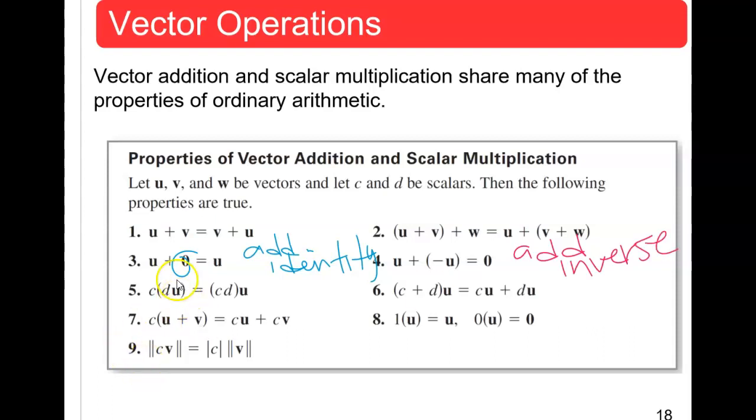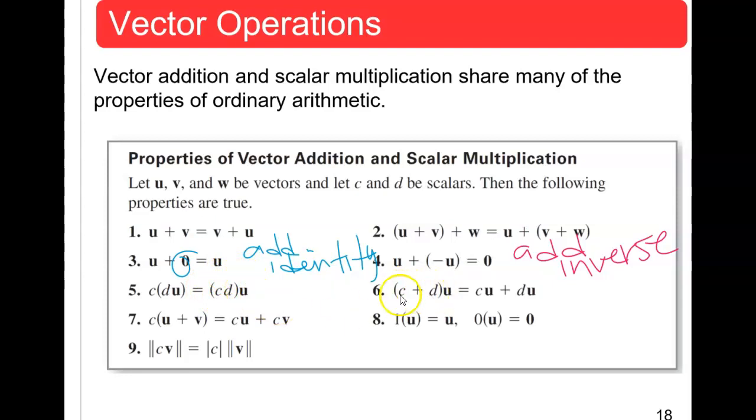Now here in property number 5, we have two scalars or two constants or two real numbers multiplying vector u. So we could multiply the scalar d times the components in u, and then at the end multiply by the scalar c. Or we can multiply the first two scalars and then multiply times the components of the vector.